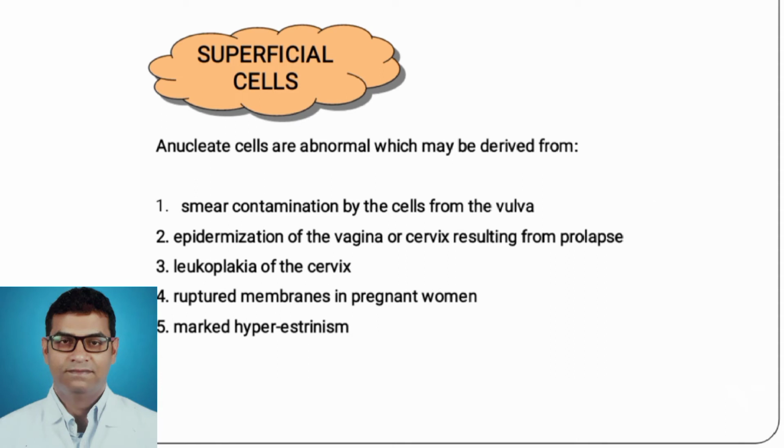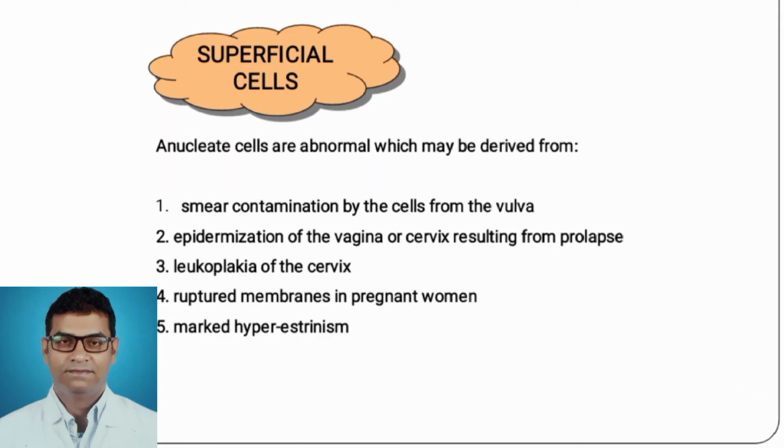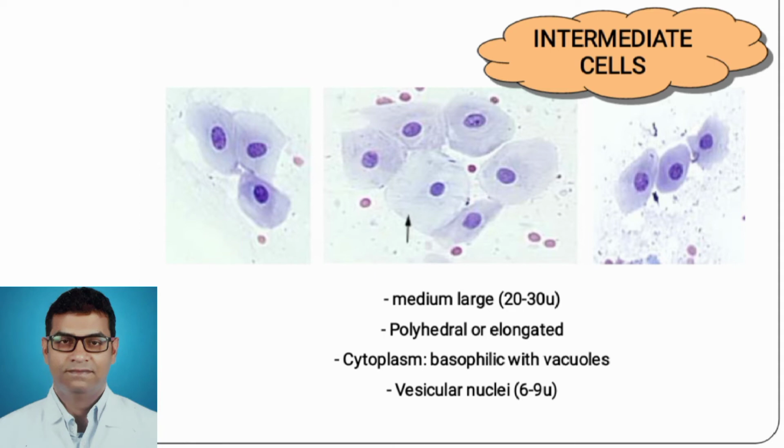These are abnormal and may be derived from smear contamination by cells from the vulva, or epidermalization of the vagina or cervix resulting from prolapse. There may be leukoplakia of the cervix, or ruptured membranes in pregnant women, and there may be chances of marked hyperestrogenism.